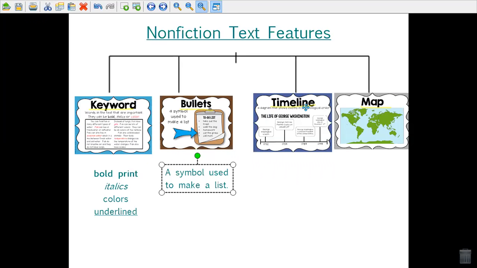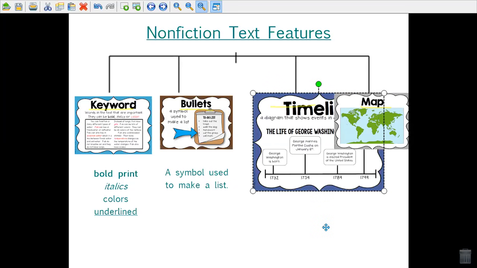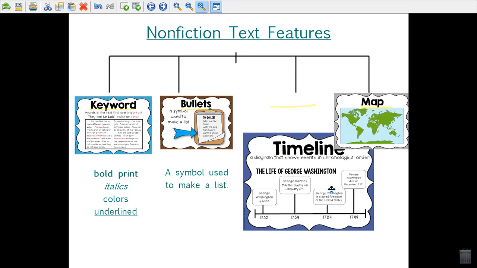Our next word is timeline. So write the word timeline at the top. And a timeline is simply a number line down here, and it tells you the order of something. So it shows the events in chronological order. That means in order, the correct order.